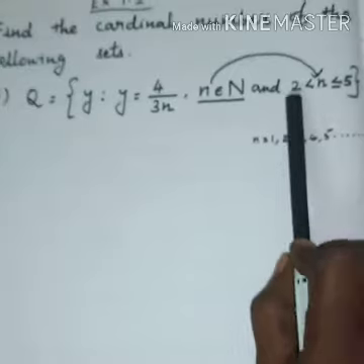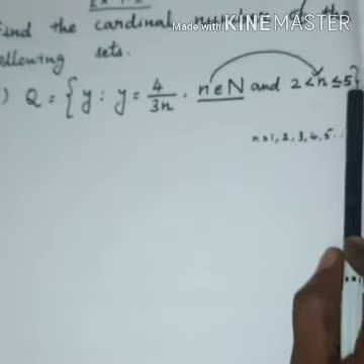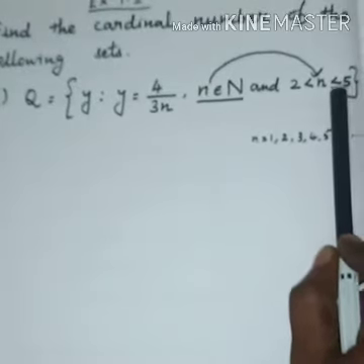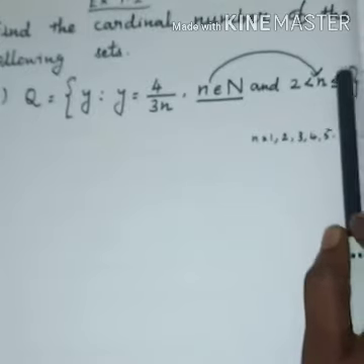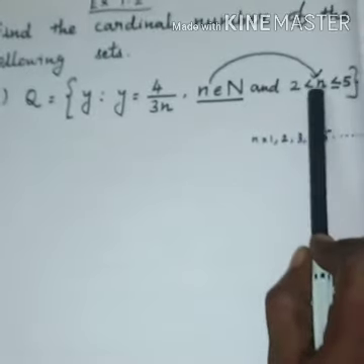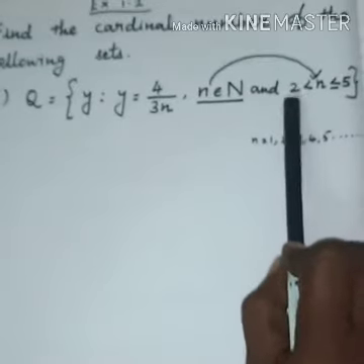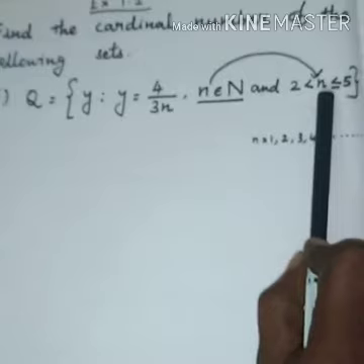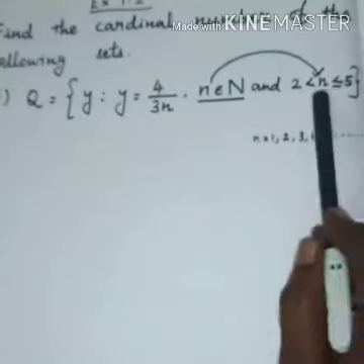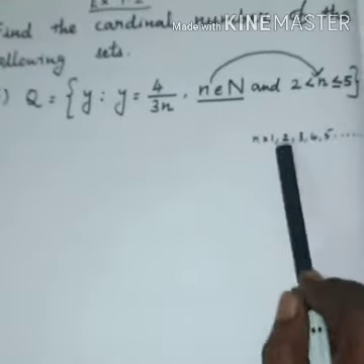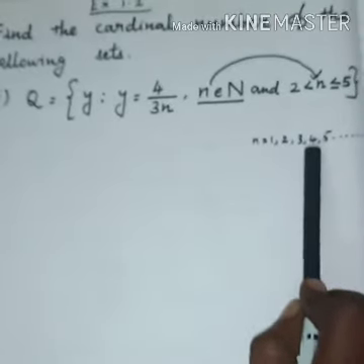So here 2 less than n less than or equal to 5. Here the equal to sign is given, so we should take 5 also. But here the equal to sign is not given for 2, so we should not take 2 for n. So we should take the values n is equal to 3, 4, 5.